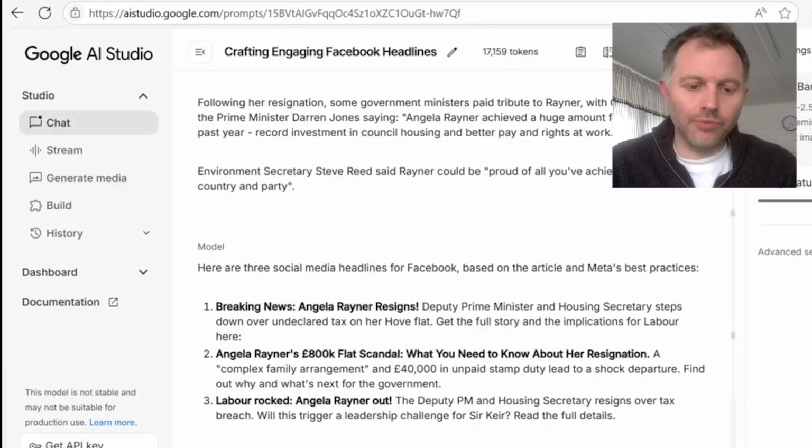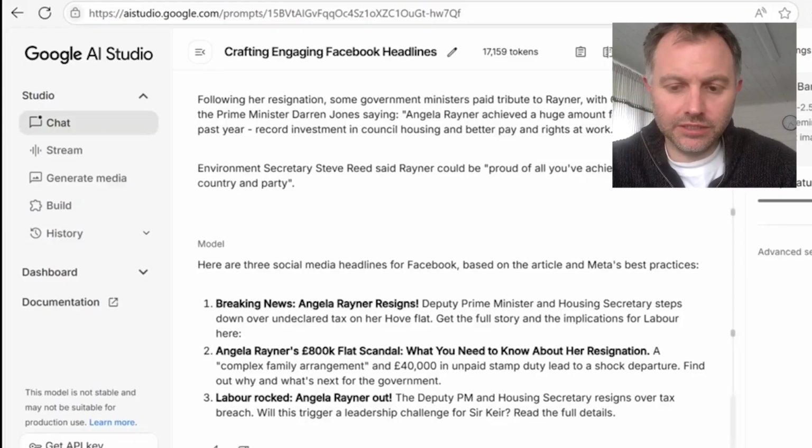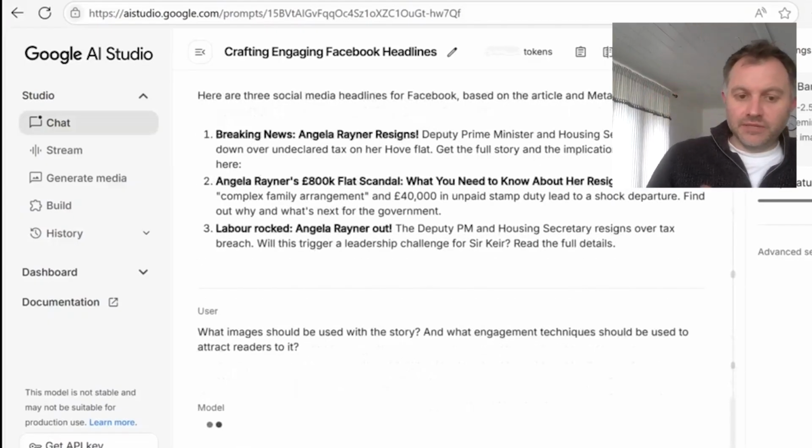So what I'm going to ask it now is what images should be used with the story, and what engagement techniques should be used to attract readers to it, and then see what it comes up with in terms of how we should go about promoting the story on Facebook.